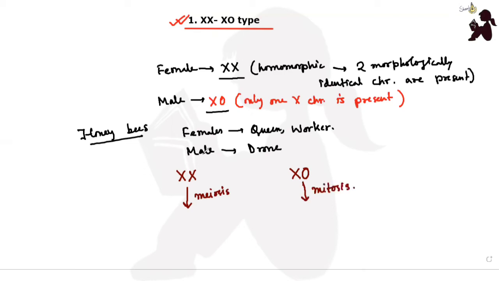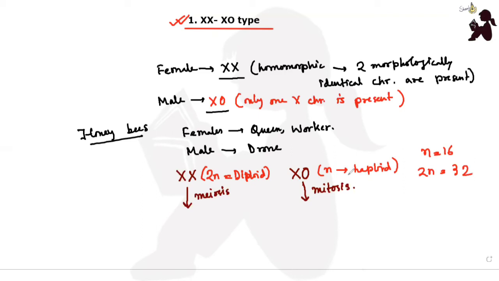Okay, so here the female is 2n, diploid, and here n is the haploid. Okay, and here n is equal to 16, which means 2n is 32.